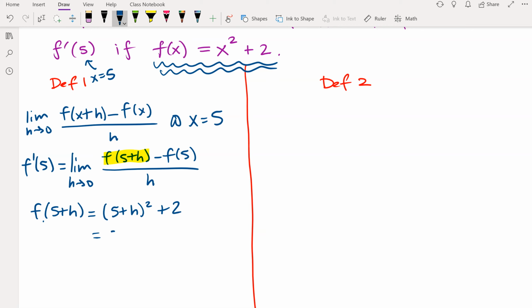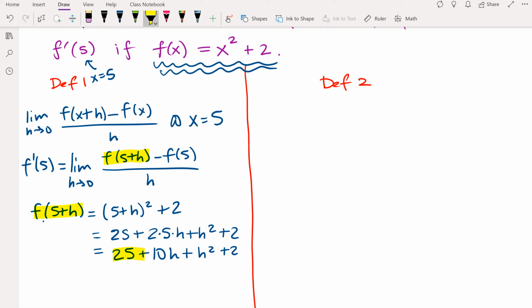First quantity squared, 25, plus 2 times 5 times h, plus h squared, plus 2, so equals 25 plus 10h plus h squared plus 2. That's the yellow stuff. f of 5 plus h is equal to this.